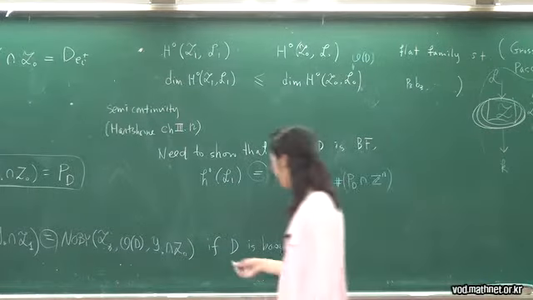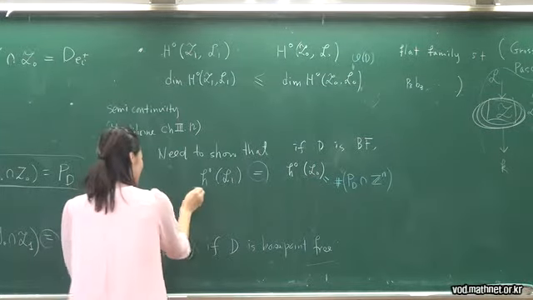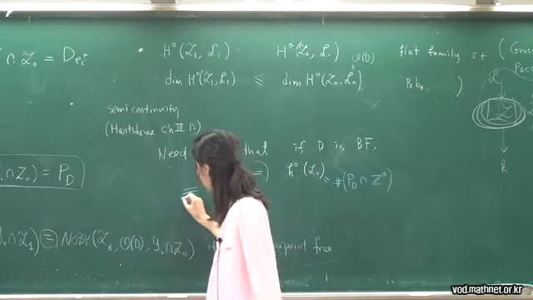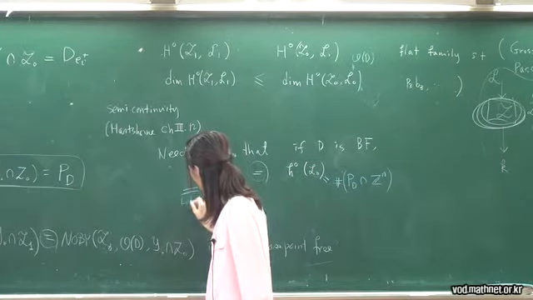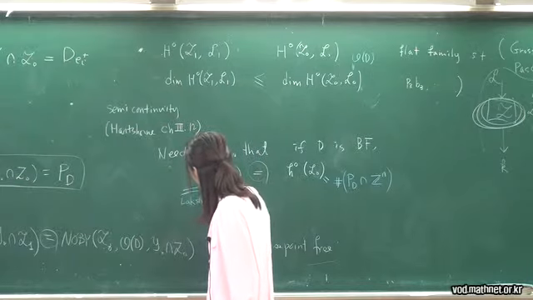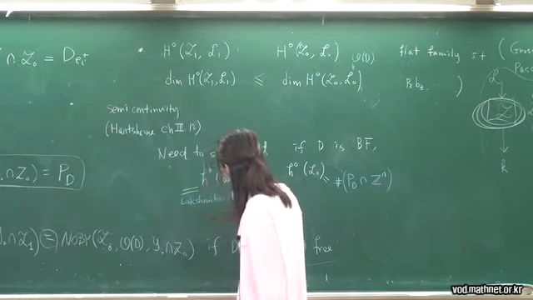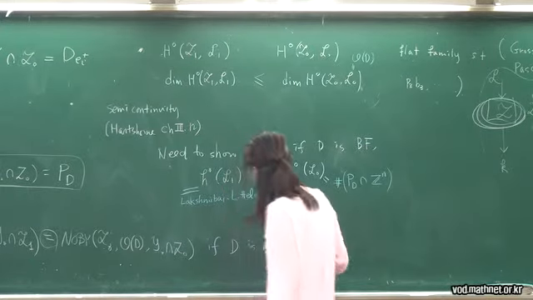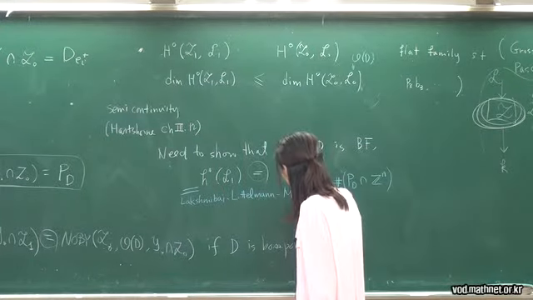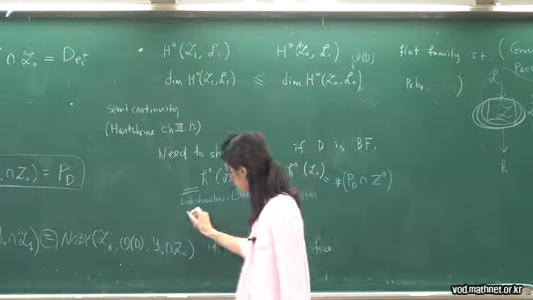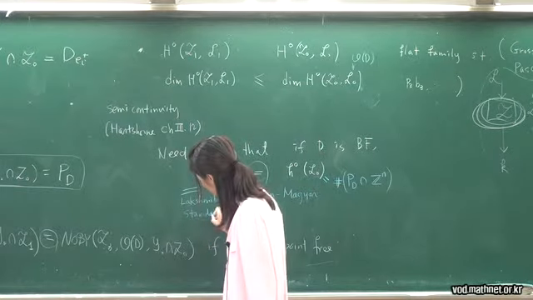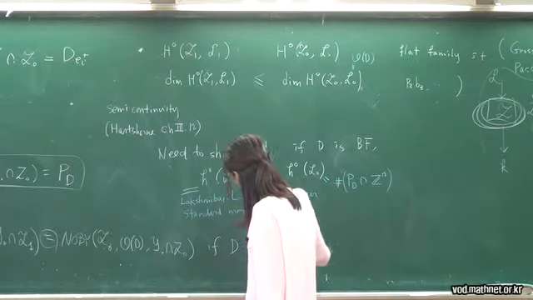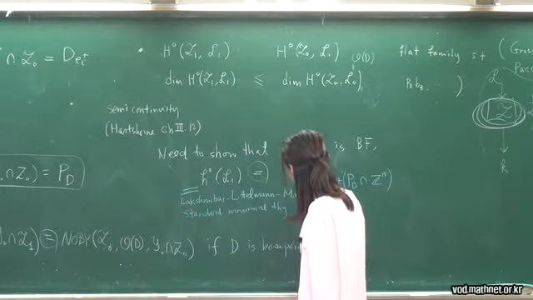Now the left-hand side. The left-hand side is from Lakshmibai, Littelmann, Magyar, the standard monomial theory for Bott-Samelson variety.